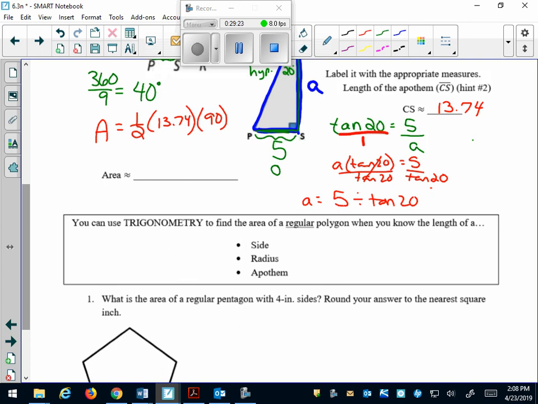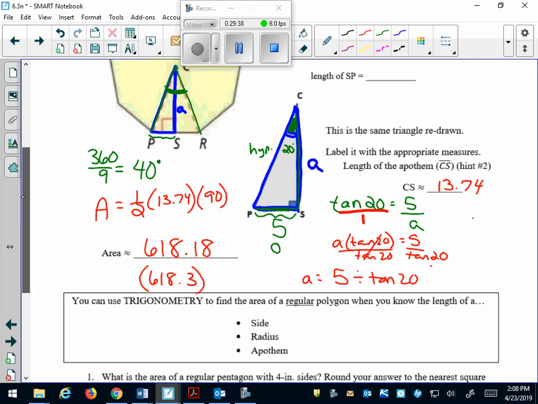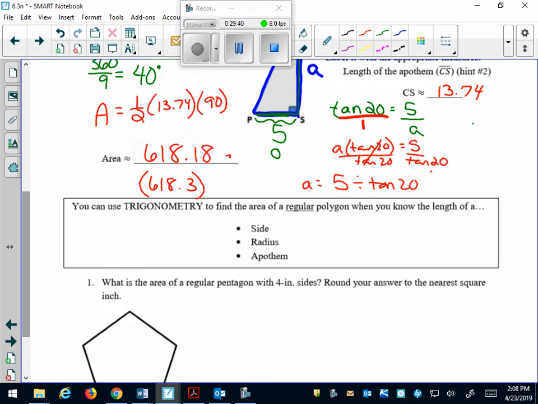We get 618.18 if you kept it exact as long as possible. You might have had 618.3 if you rounded. And this was meters, inches, what was it? Centimeters? Square centimeters.